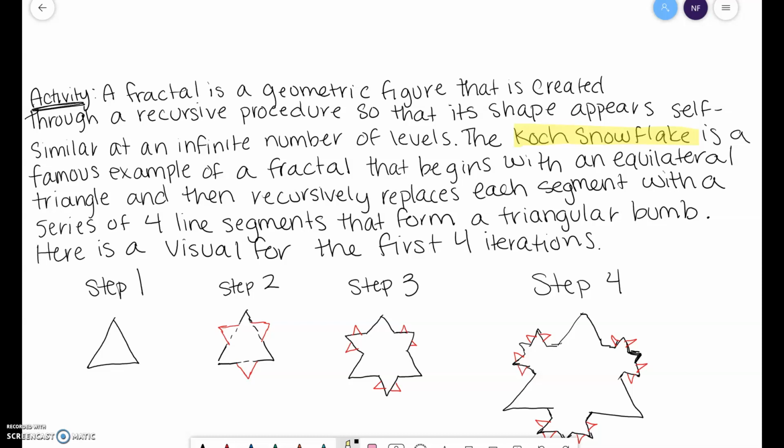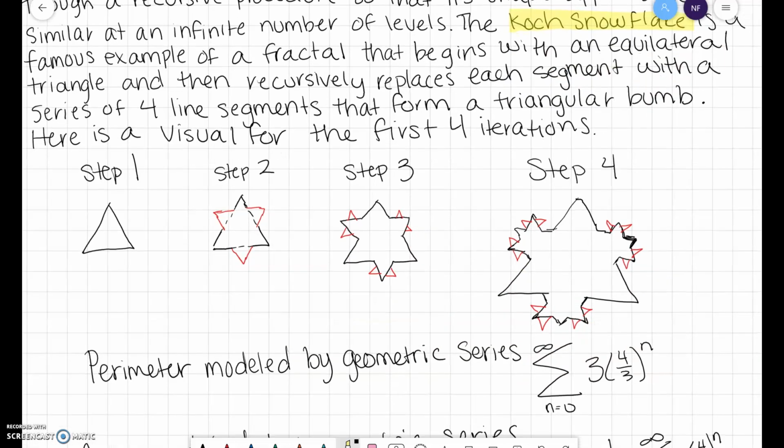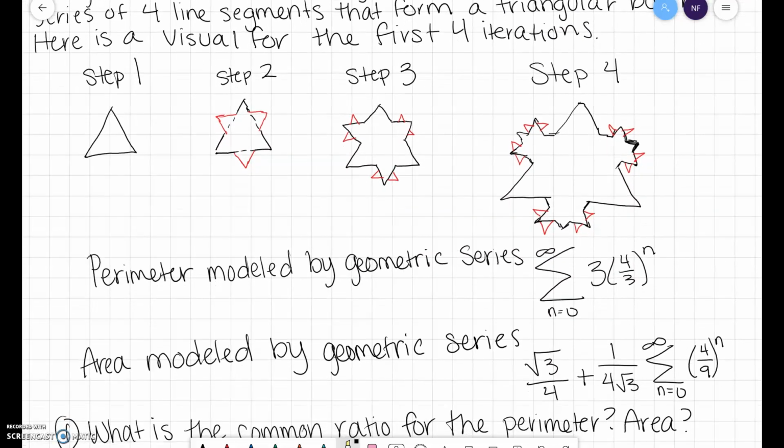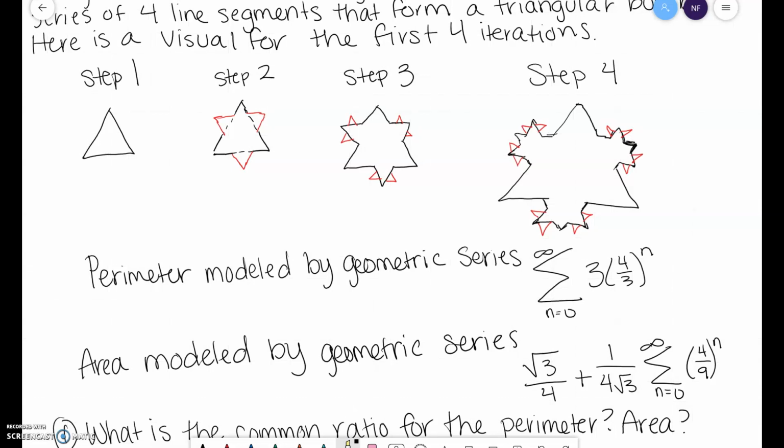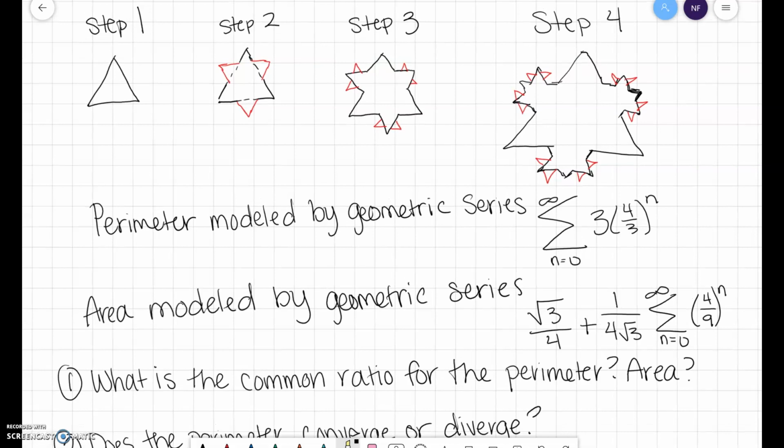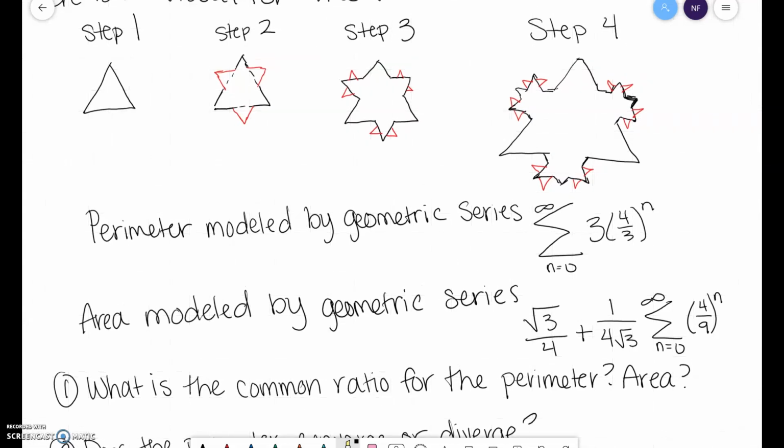So what we're going to do with this fractal is we're going to actually look at the perimeter and the area of it. So below, I have written the perimeter and the area in terms of geometric series. So you have the perimeter here, and then the area here.